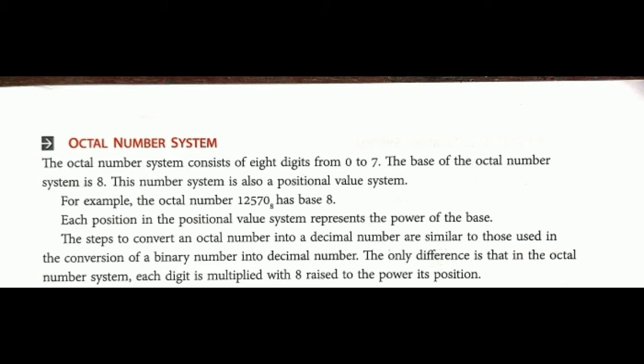Each position in the positional value system represents a power of the base, similar to the binary and decimal number systems. The steps for converting an octal number into a decimal number are similar to those we used in converting a binary number into a decimal number.